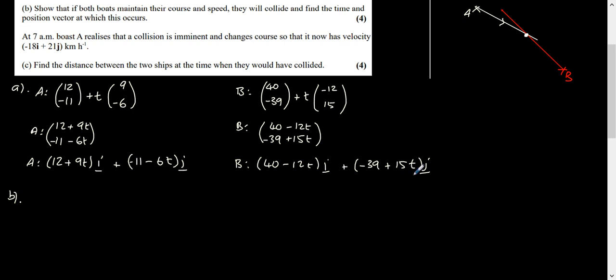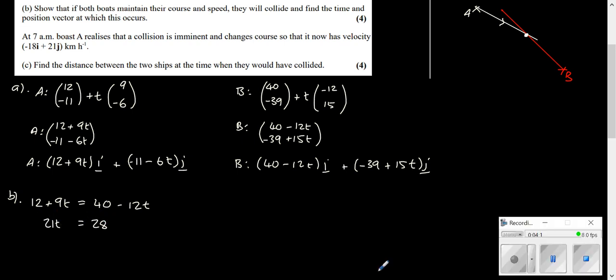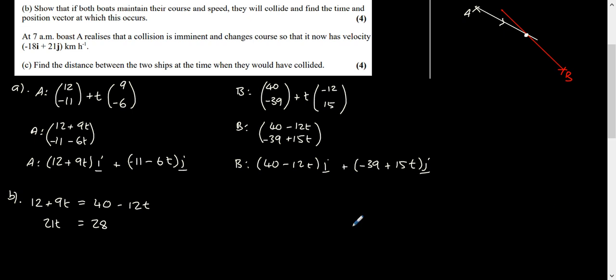Also the j components. So we can use that, and we can say that the 12 plus 9t must be equal to the 40 minus 12t. All right, for them to be in the same position horizontally, those two must be the same. So we can go and work that out, and we end up with 21t equals 28. Okay, so this gives us that t is 4/3.